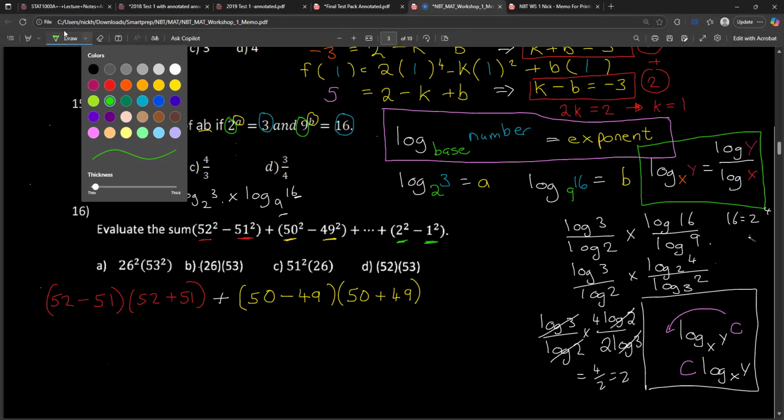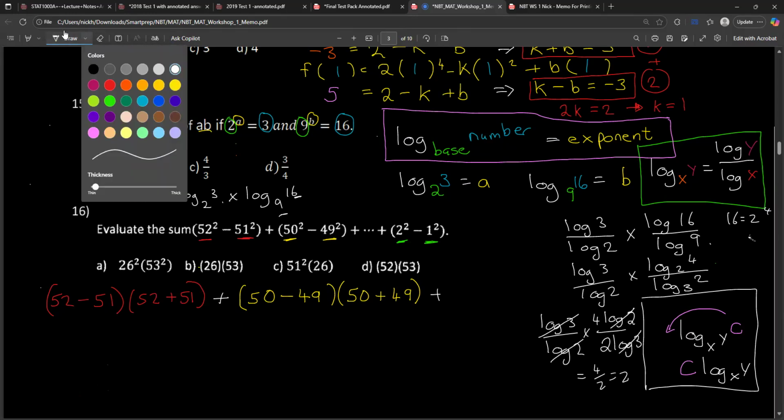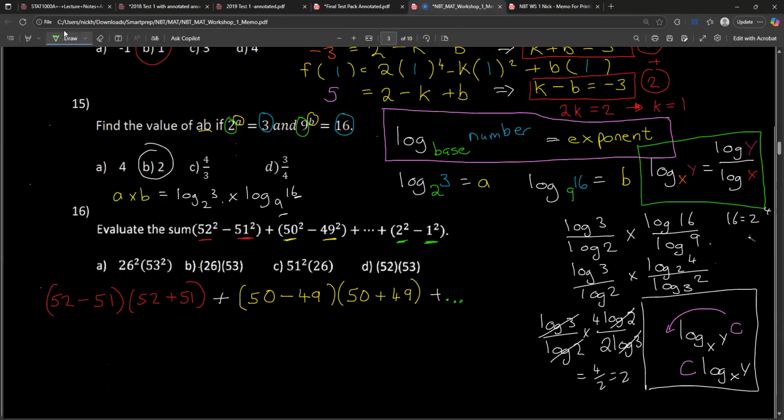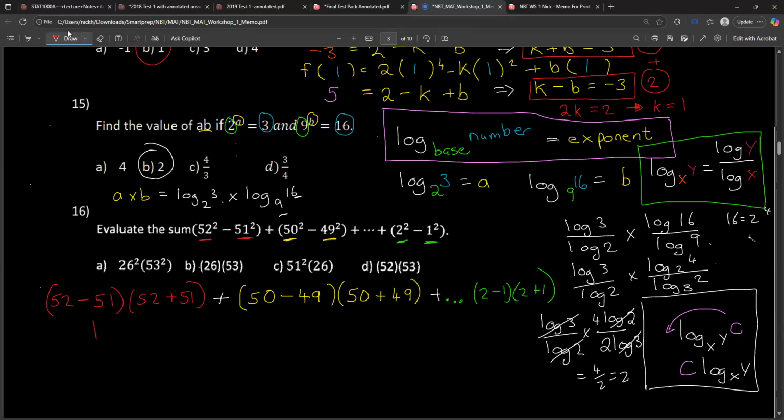Okay, and it goes all the way to the 2. So there's a dot here, right? And then it's 2 minus 1, 2 plus 1. Well, what's quite handy is that we end up getting 52 minus 51 is 1, and then times 103.